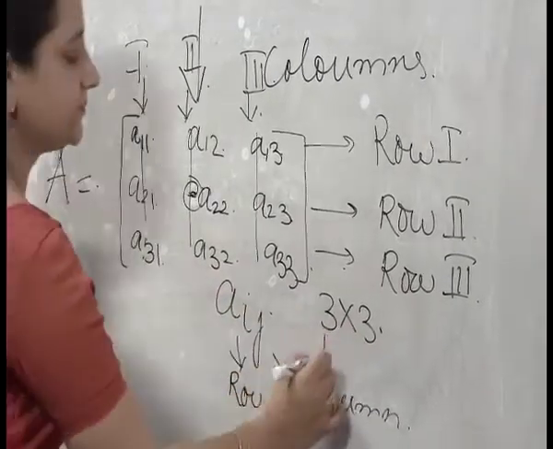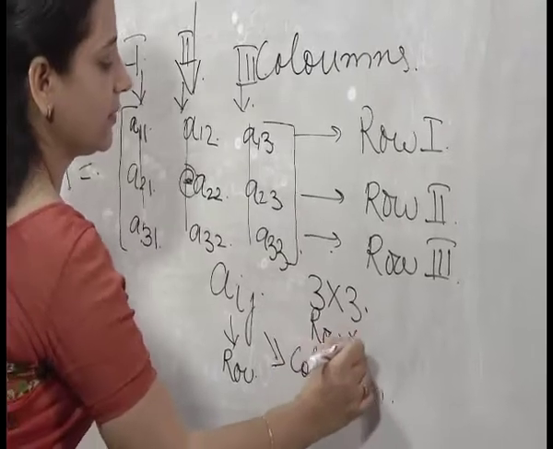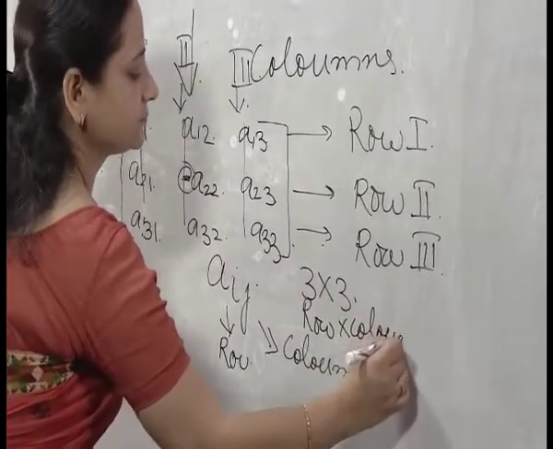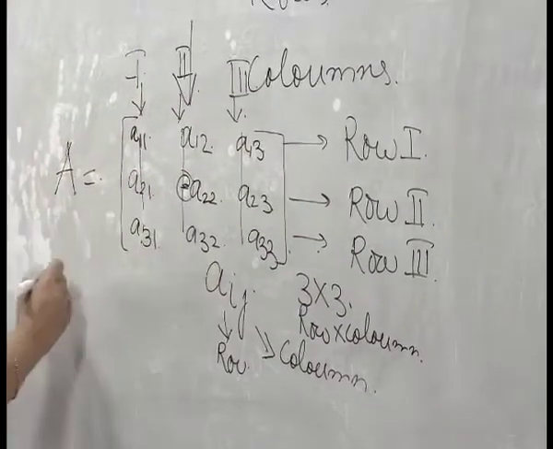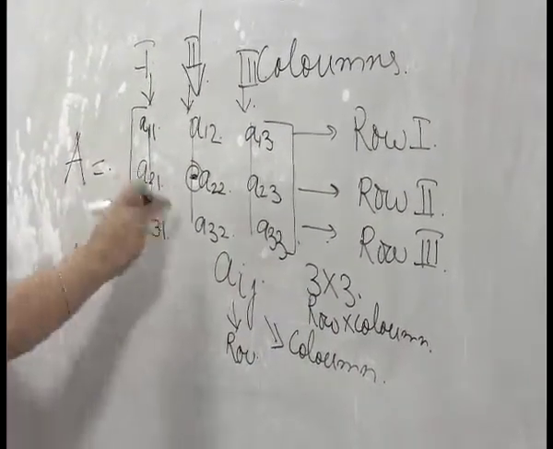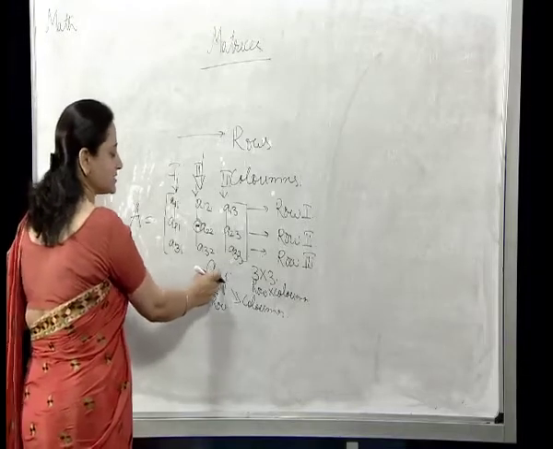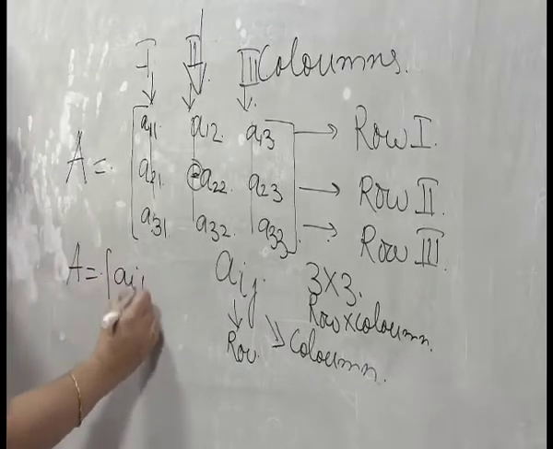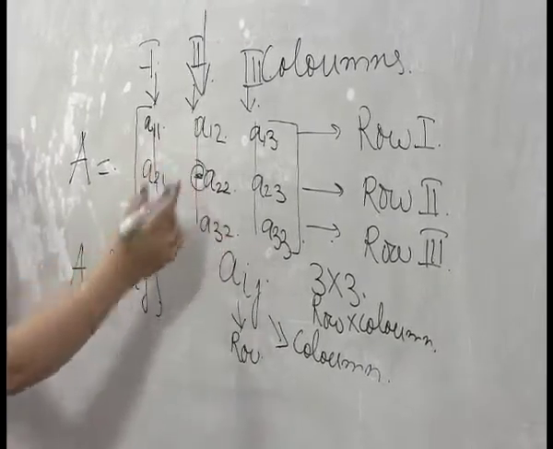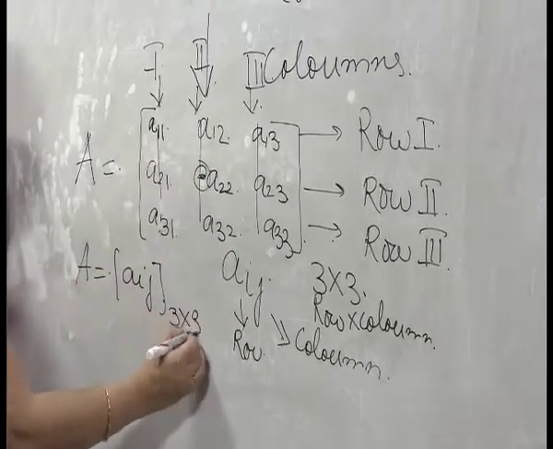It means if you have a matrix A and I have told you that an element is denoted by Aij, so A can be written as Aij, and what is the order of this matrix? 3 by 3.